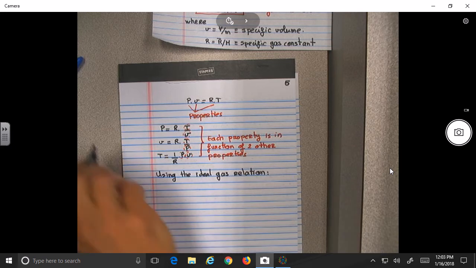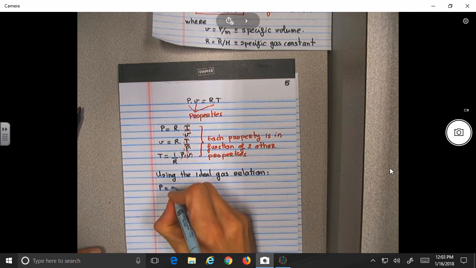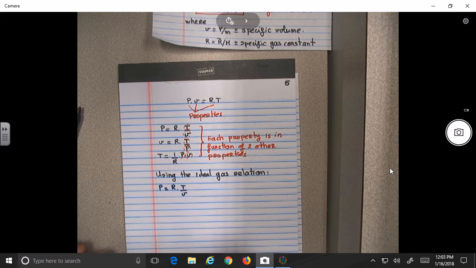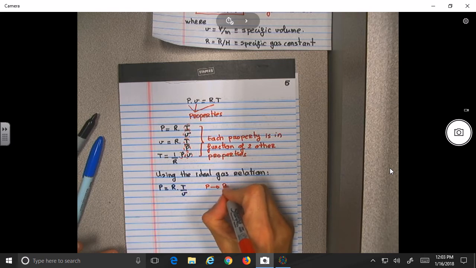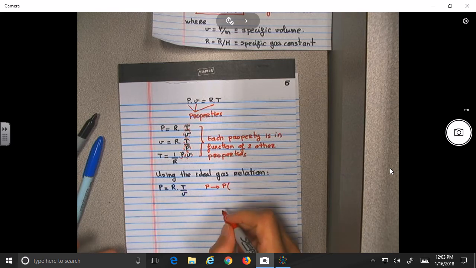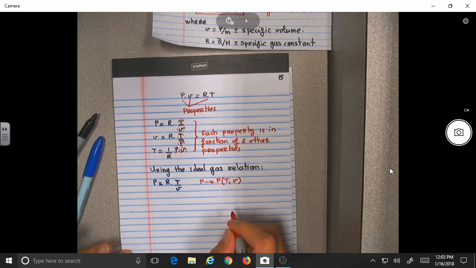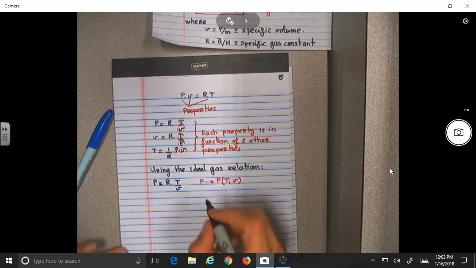Using the ideal gas relation, let's use the first one: P equals RT over V. So P depends on which two properties? T and V, no?